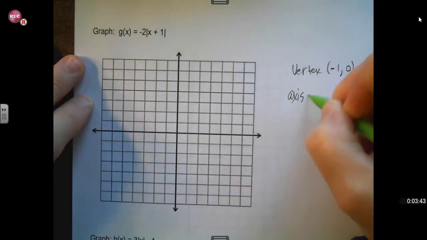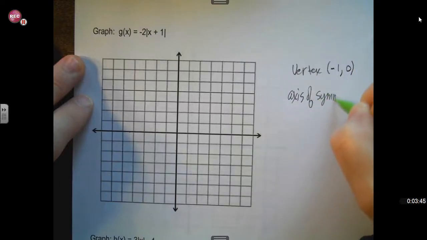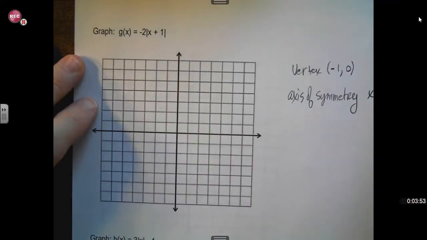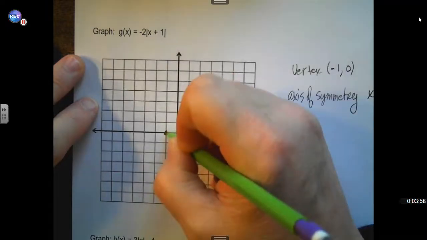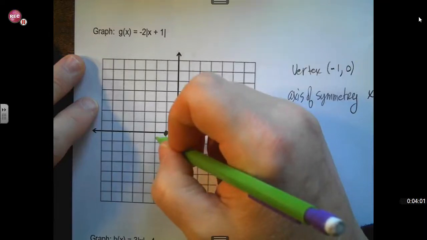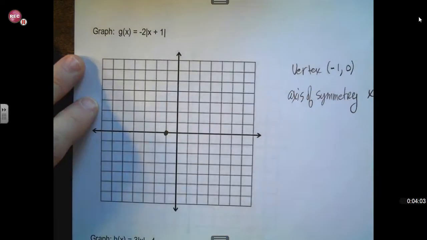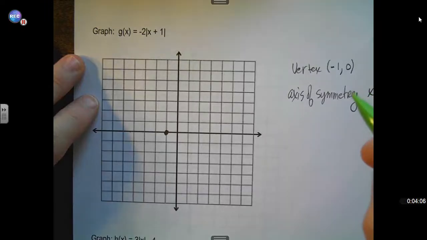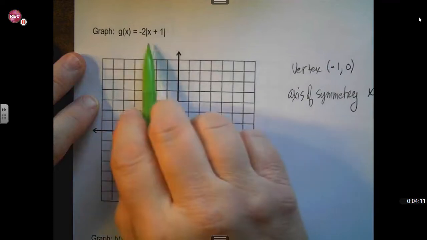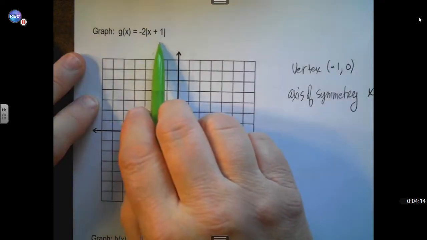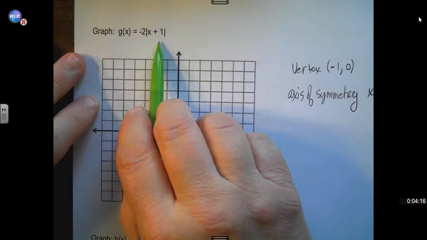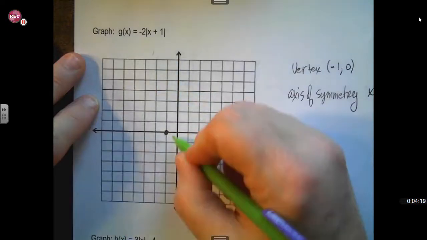The axis of symmetry is the vertical line x equals -1. Then we can graph that, (-1, 0). Then I would probably plug in 0. 0 plus 1 is 1, and the absolute value of 1 is 1, times -2 is -2.